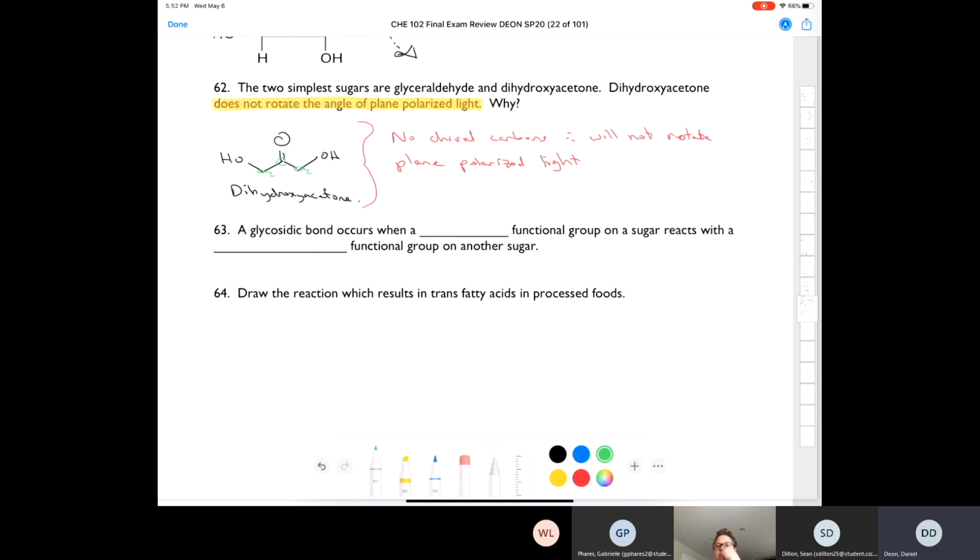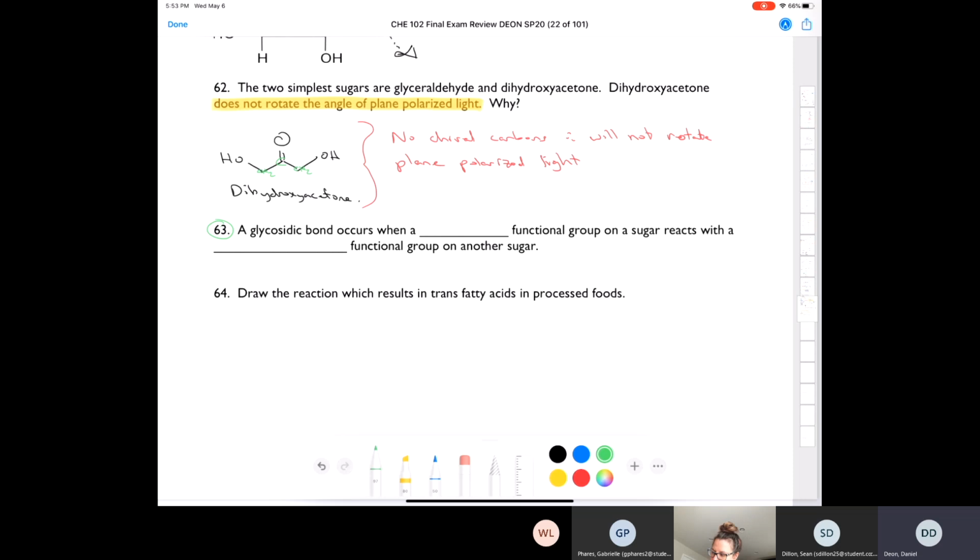Let's move on to question 63. A glycosidic bond. We talked about when you make a disaccharide from 2 monosaccharides. For example, if you make maltose, which is when 2 glucose molecules come together. If you make lactose or what else? Cellobiose, things like that. We said that a glycosidic bond occurs when a blank functional group on a sugar reacts with a blank functional group on the other sugar.